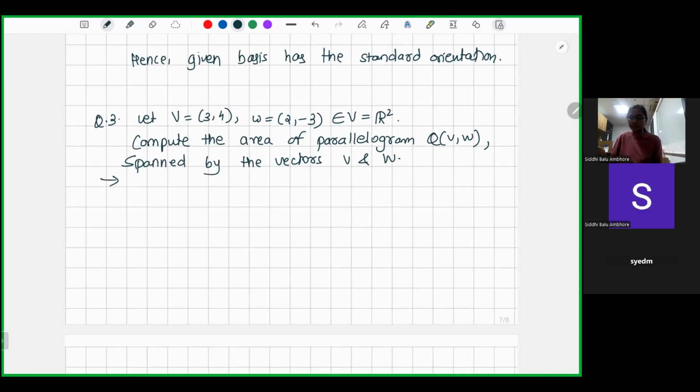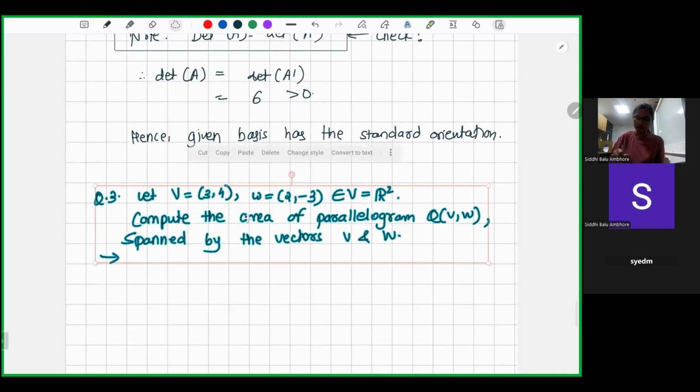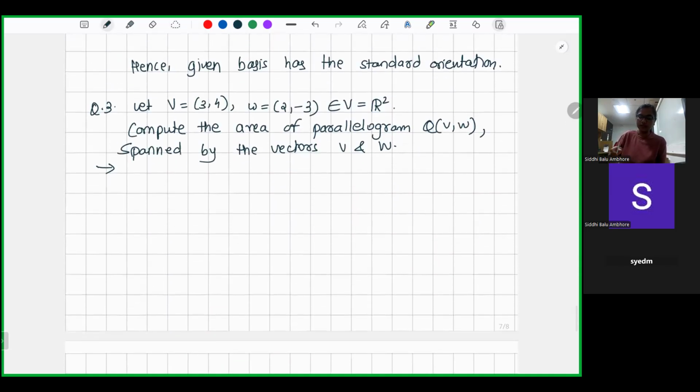So what does this mean when we say that a parallelogram is spanned by these two vectors? So what it means is we have to see this. Okay.